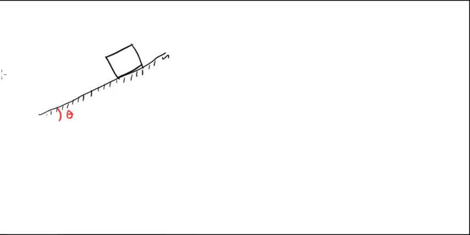So here's theta, and we've got a block on the ramp. Let's go ahead and think about the forces that are acting on this block. Well, we've got mg acting down. We've got the normal force going up. And we've got friction now going backwards.